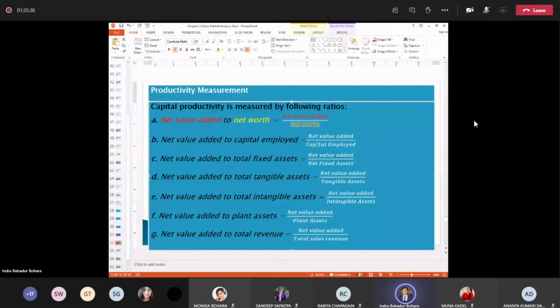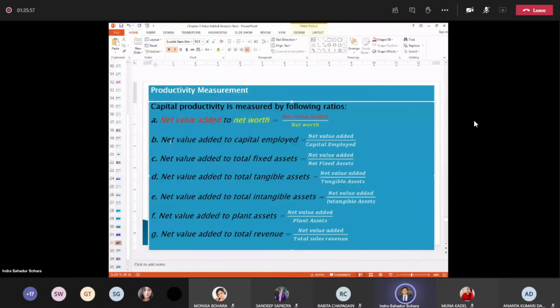Total assets minus liability, or shareholders equity, is the net worth, excluding long term liability and current liability. The total of the capital and reserves side is net worth. The first factor, net value added, is in the numerator, and net worth in the denominator.